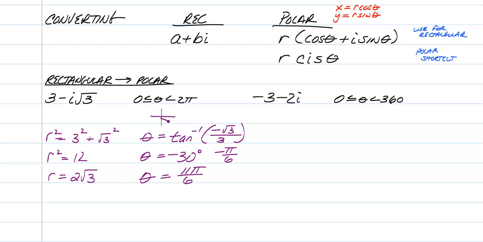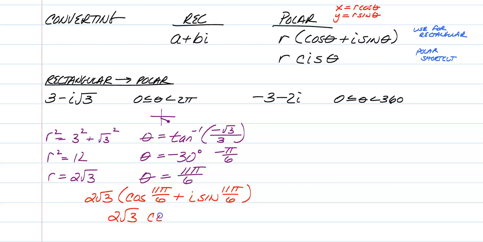But just to show you what it would look like, it would be 2 root 3, and then parentheses, cosine of 11 pi over 6 plus i sine 11 pi over 6. But since we're in polar, we can just write that as 2 root 3 cis 11 pi over 6.